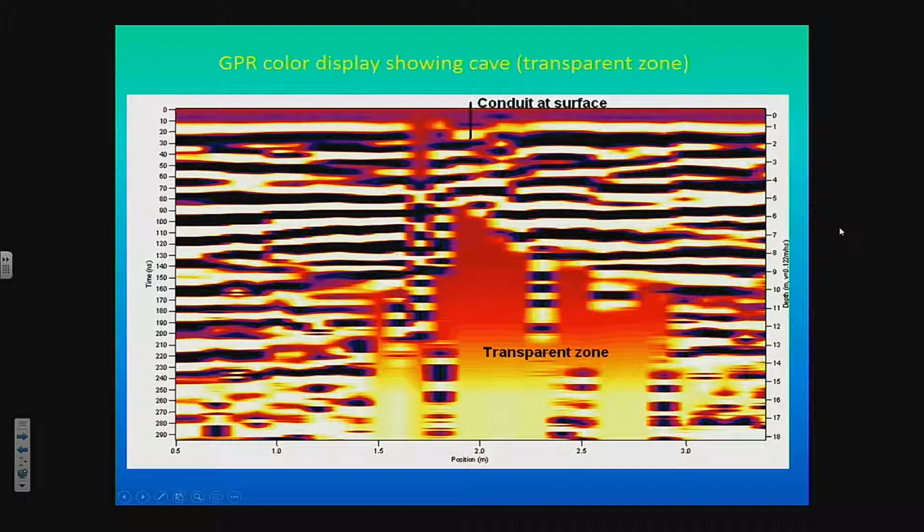Well, it's a transparent zone. It's probably a cave below the surface. Because what happens is when the signal hits air, it gets refracted. It goes very fast through the air, so you don't get a reflection there. So this is a really interesting section.